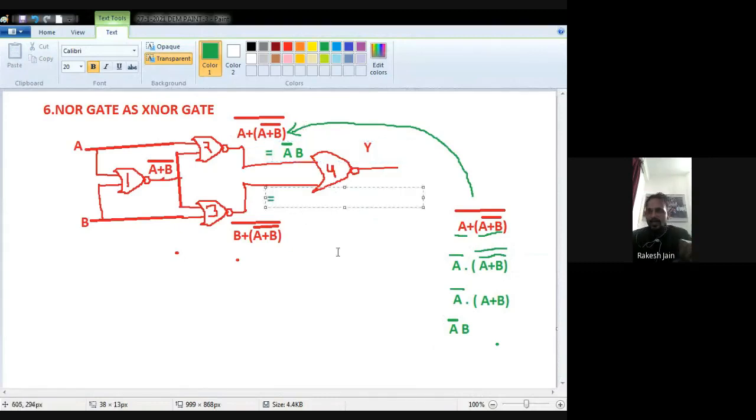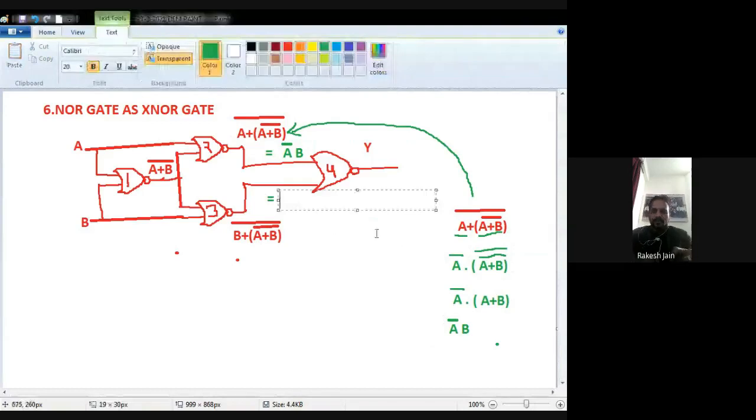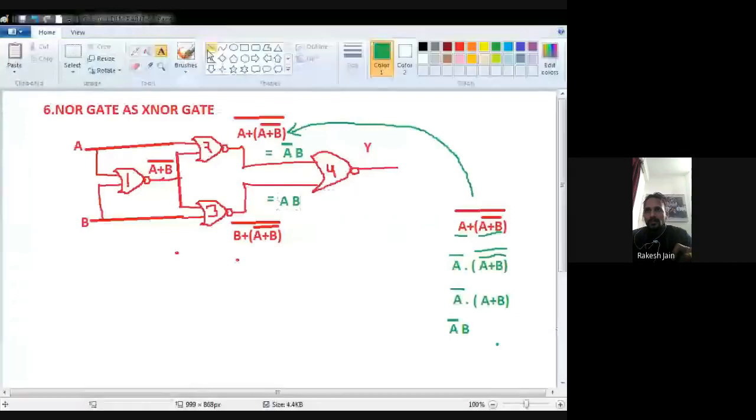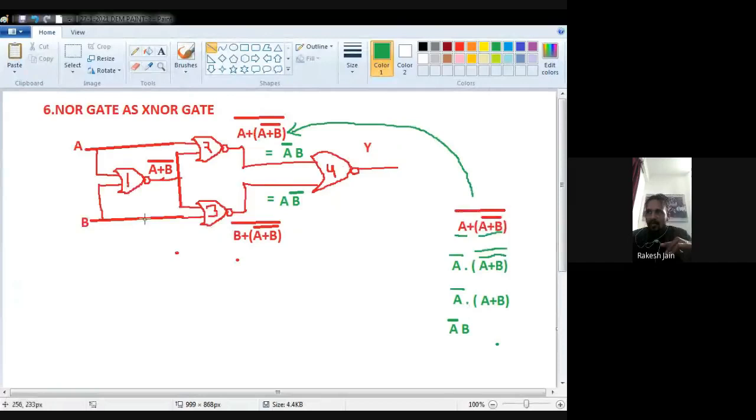So this will be one input of this fourth NOR gate, because A plus A plus B bar having a total bar will be equal to A bar B. So one input of the fourth NOR gate is A bar B. Similarly, with B plus A plus B having a bar, a total bar, we simplify it and find AB bar.